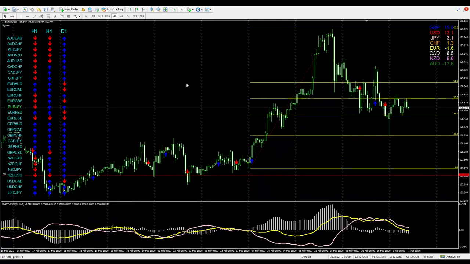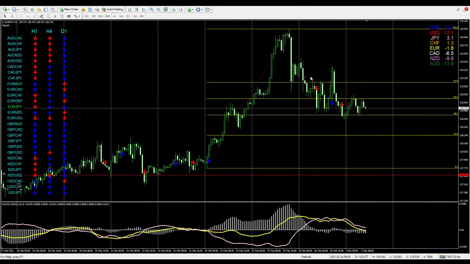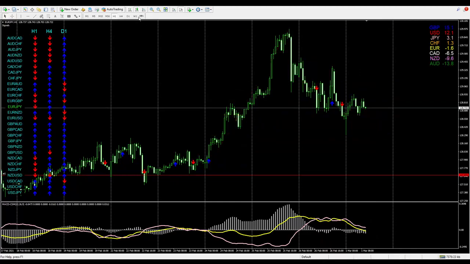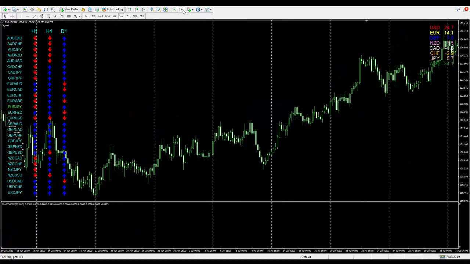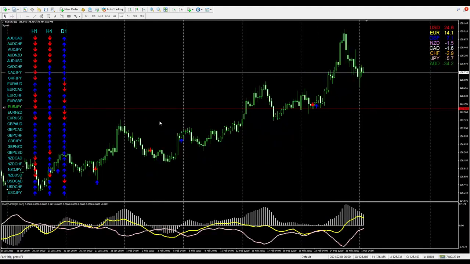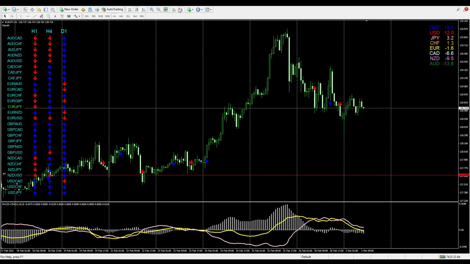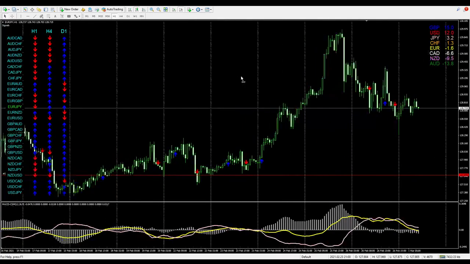So let's go for EUR JPY. For D1, the general trend for EUR JPY is buy. For H4, it was buy a few days ago, and on H1 it would be buy too.